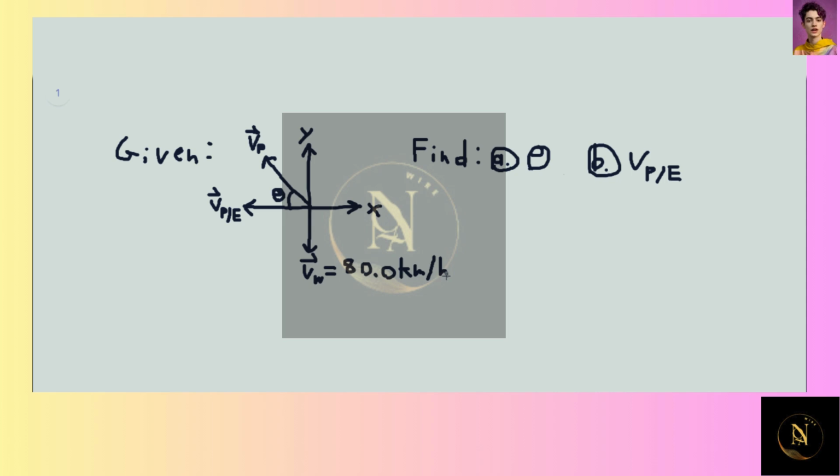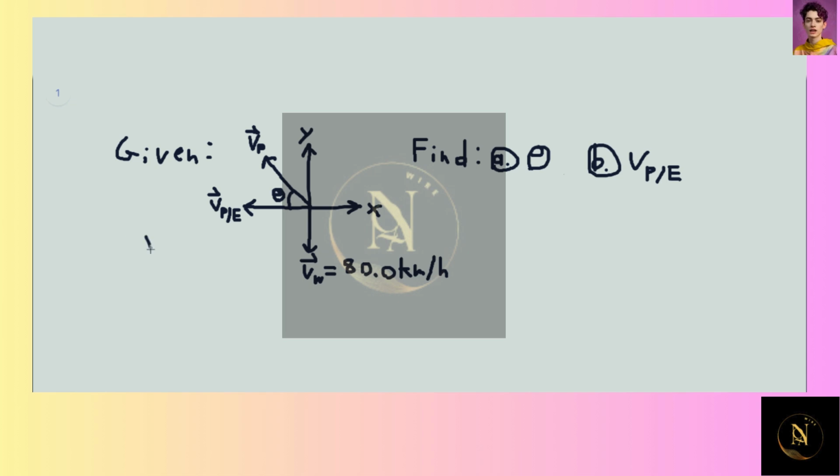Okay, so for part A, it's saying if the airspeed of the plane is 320.0 kilometers per hour, in which direction should the pilot head? So the velocity of the plane is going to be the VP here. Let's do it over here.